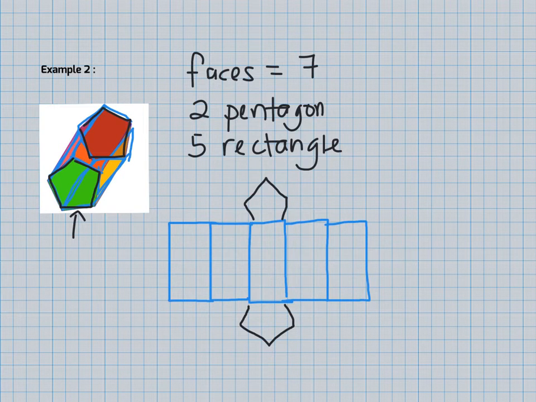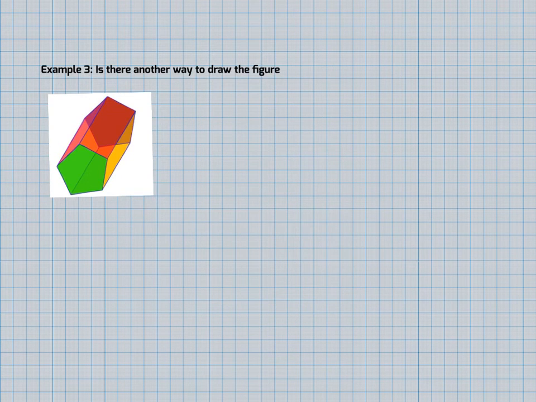And there you go. Here we have a pentagonal prism net. Now, of course, there isn't just one way to draw a net of a prism. There are many ways. So here I'm going to show you another way to draw the net of the similar pentagonal prism that we just saw.